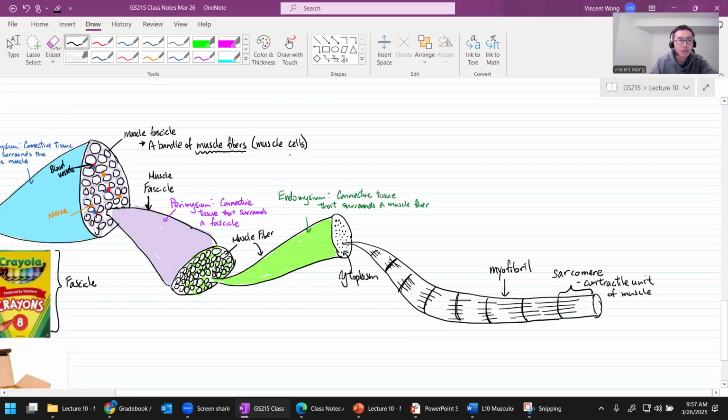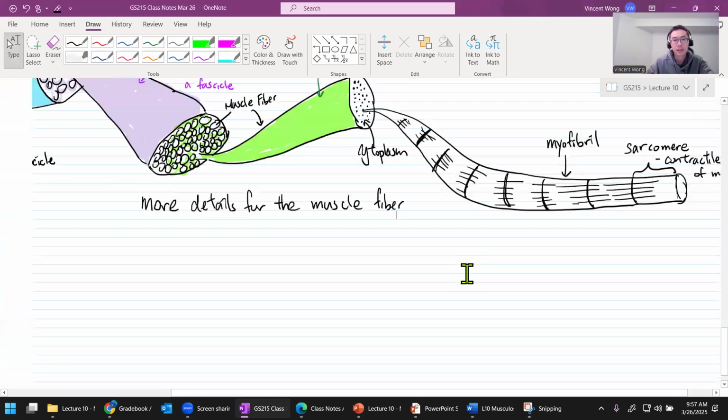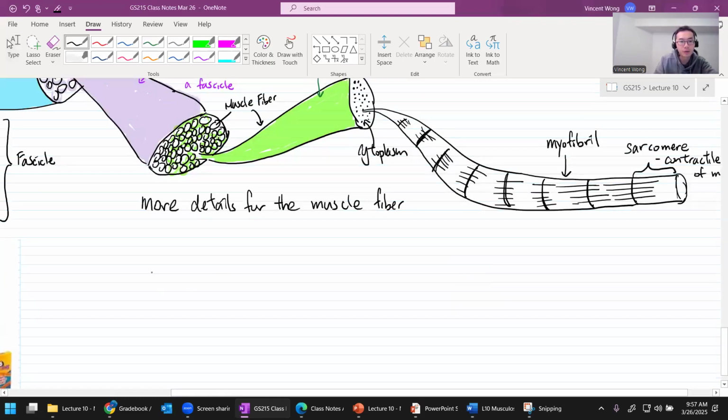Now I want to expand a little bit more on the details for the muscle fiber. Okay, so I'm going to draw a muscle fiber here for you one more time.